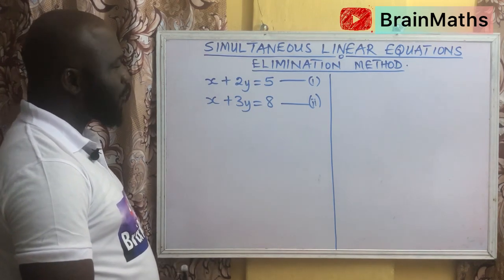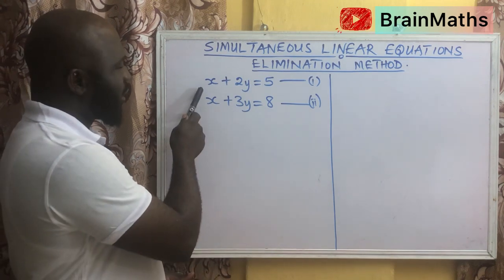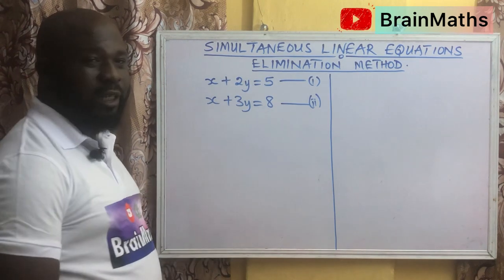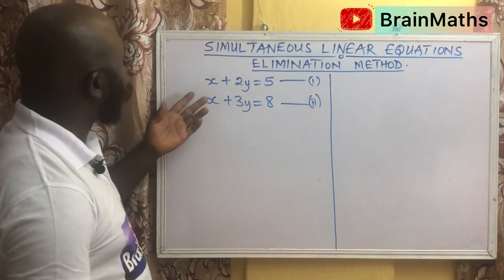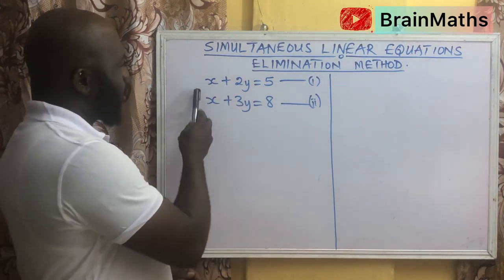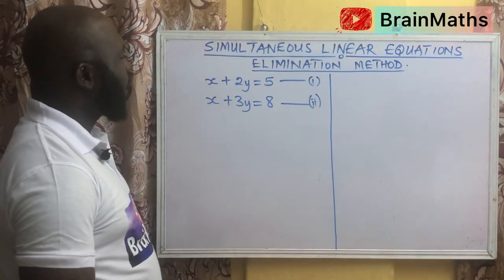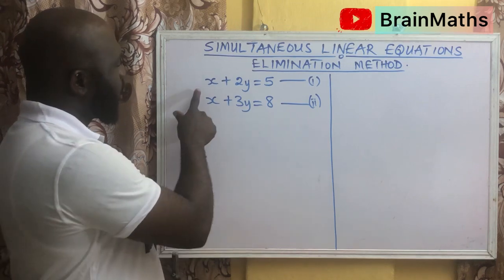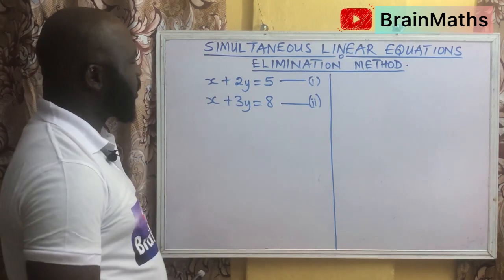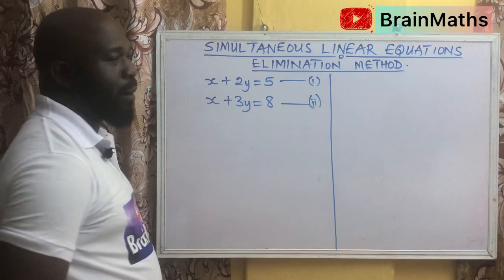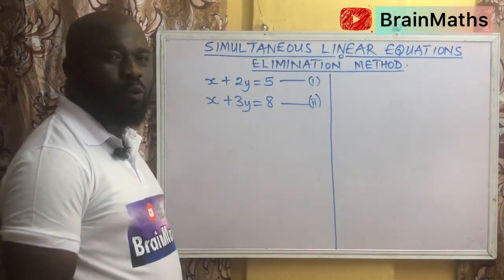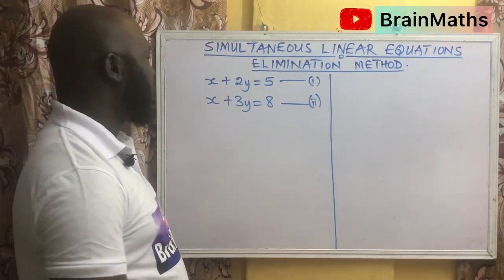So it is easier for us to eliminate x than eliminate y. So we have to look for a certain sign to put between these two equations to make x approach 0. How do we make x become 0?